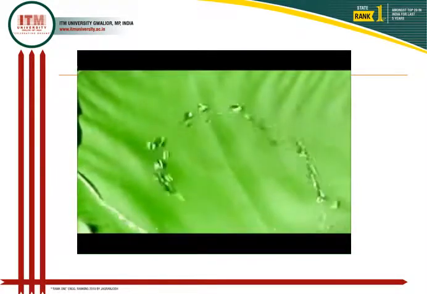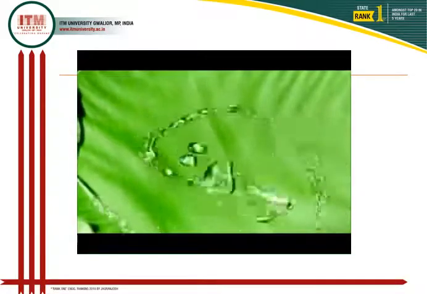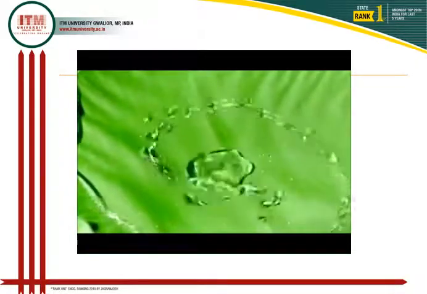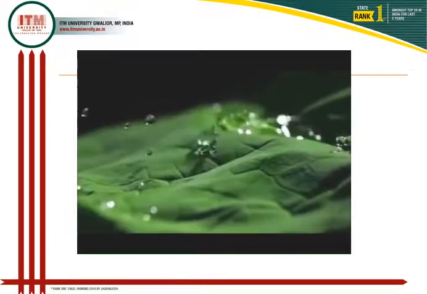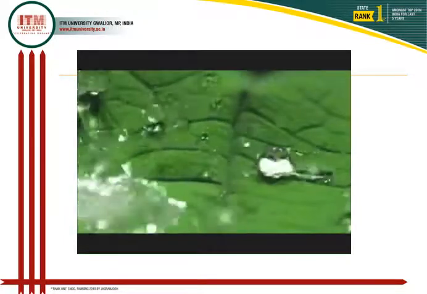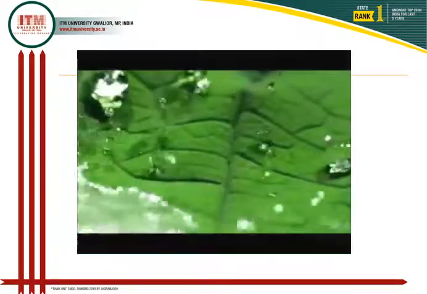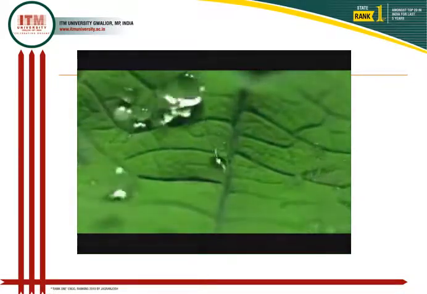Whether it is a small drop or a big drop, it cannot stay there. And you can picturize these things nicely. That is called super hydrophobic behavior of water. So we have developed any application of this super hydrophobicity.